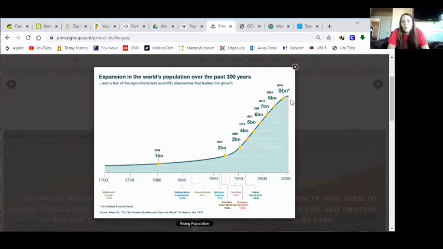Now, we're going to see some leveling off. Most of this growth is due to underdeveloped countries. In your reading and for the quiz, it does talk about how once countries have been developed, their population starts leveling off.